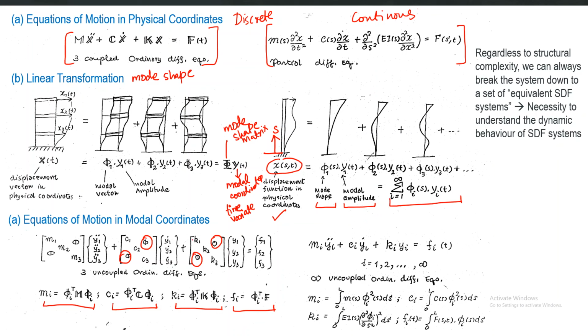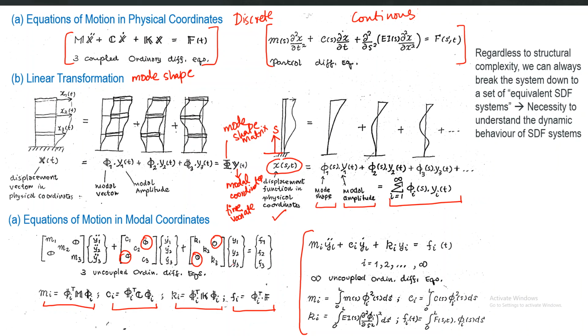And similar to the equation of motion in modal coordinates that we have for discrete multiple degree of freedom systems, here also we have the same concept for continuous structures. The summations are now replaced with integrals, and the mode shape vectors are replaced with mode shape functions.